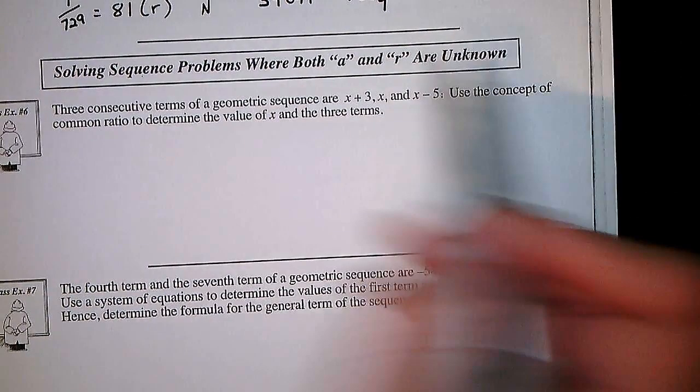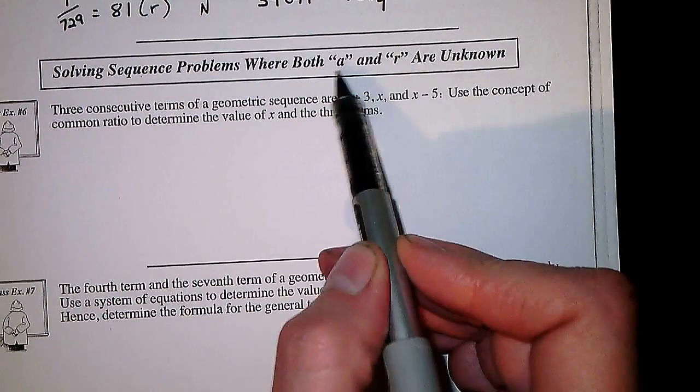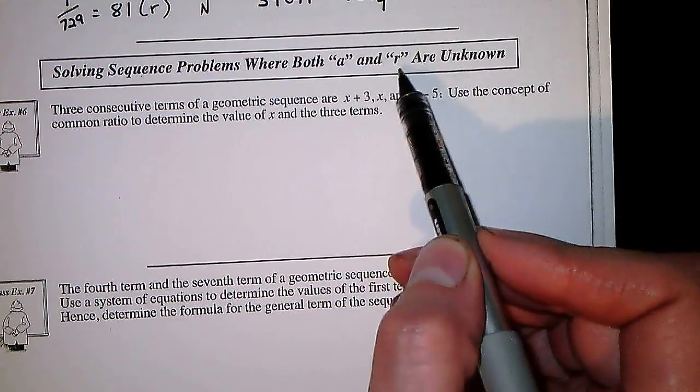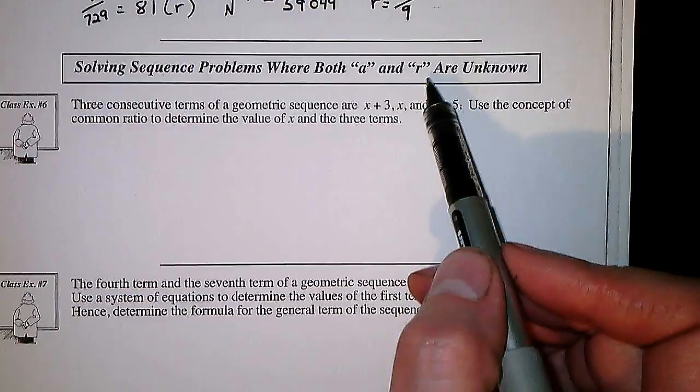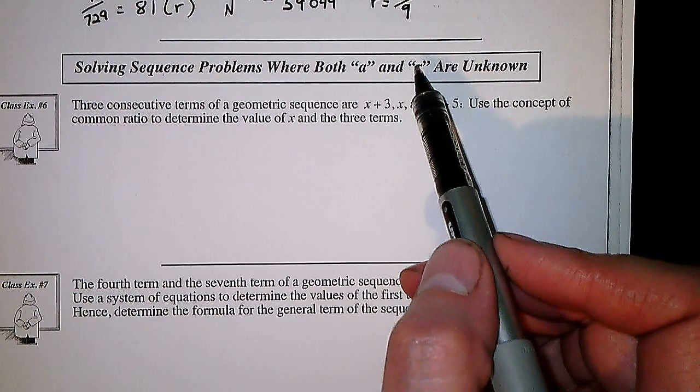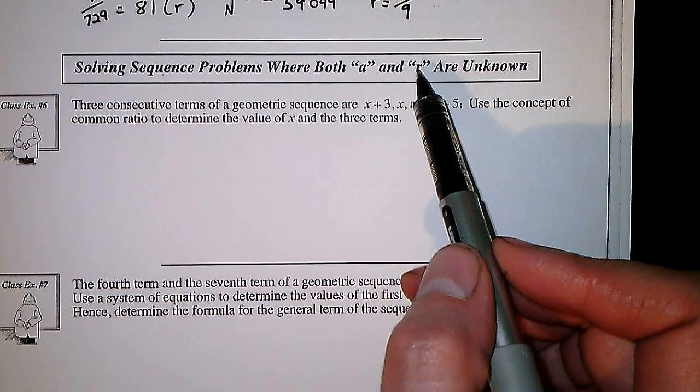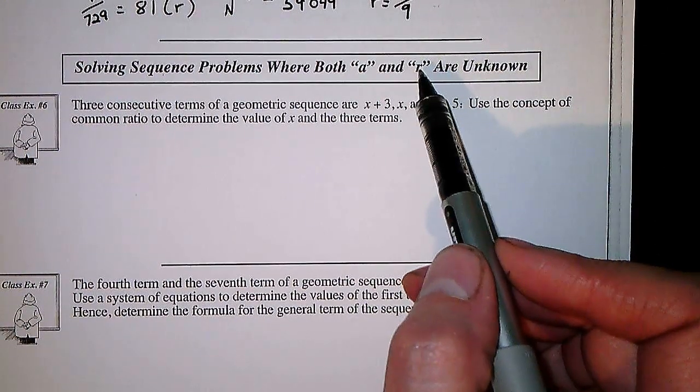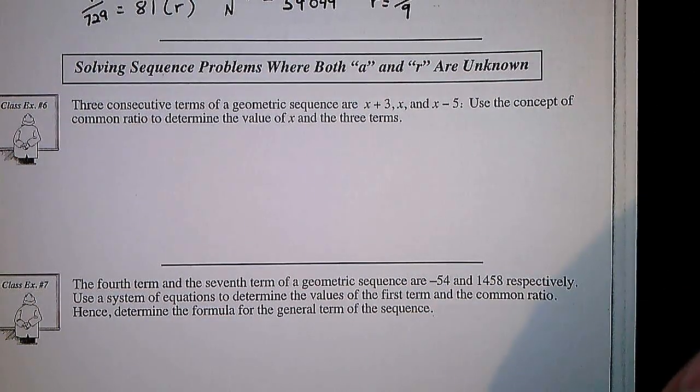All right. In this one, we have a situation where we do not know the first term or the common ratio. And so this is one where we're definitely going to need to use some serious problem-solving skills to solve for our unknown. So what we're going to do, first of all, is read the problem.